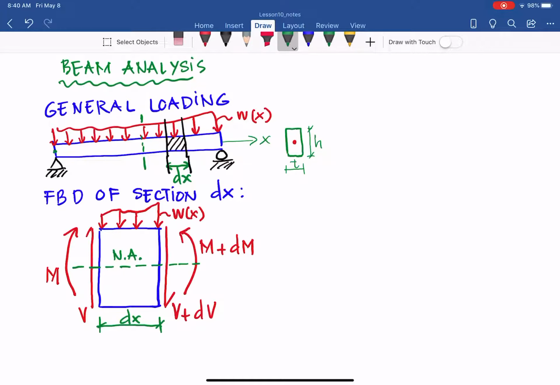Let's talk about the normal stress distribution on this section dx.